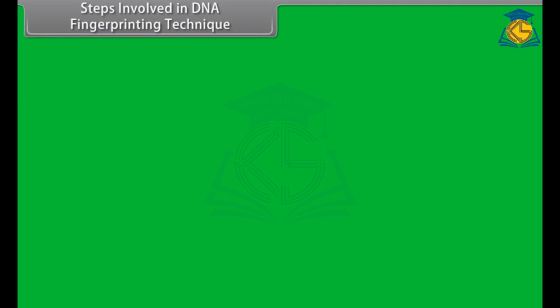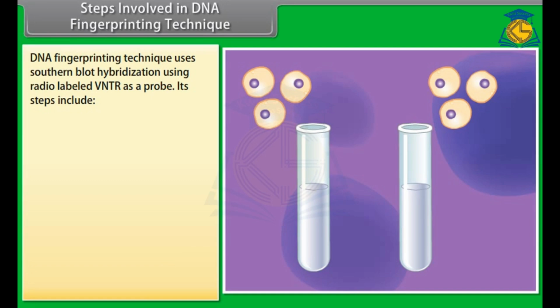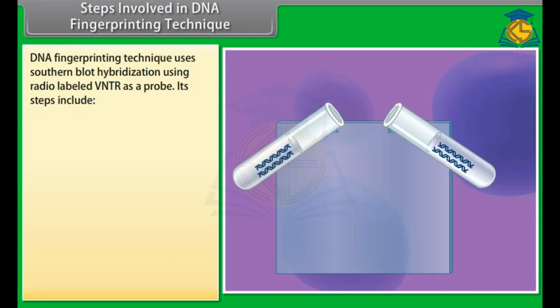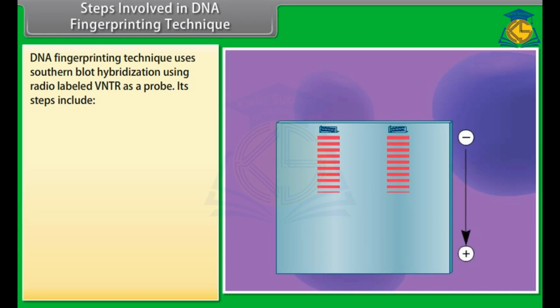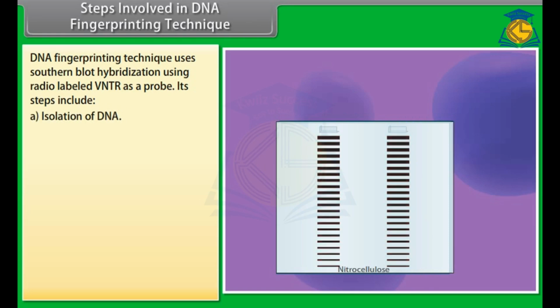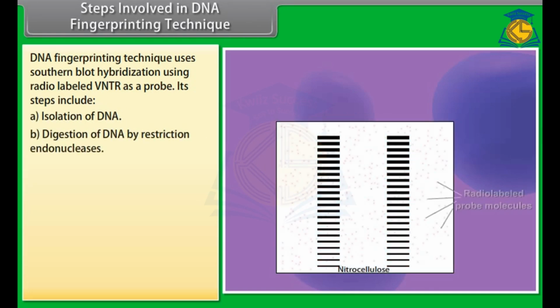Steps involved in the DNA fingerprinting technique. The technique uses Southern blot hybridization using radio-labeled VNTR as a probe. Its steps include: A. Isolation of DNA. B. Digestion of DNA by restriction endonucleases.